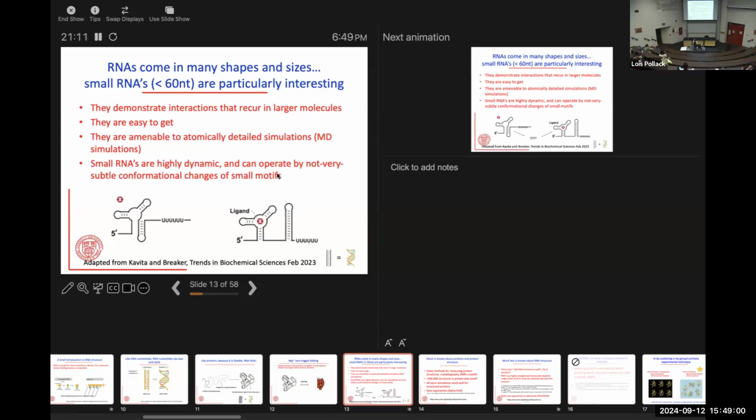And here's an example. So here's a kind of a schematic of how a small RNA motif works over here. This is a sensing element. So again, here, this region that looks like a ladder is just another way of showing this duplex, right? I know there's lots of different ways of showing that, but the job of this molecule over here is to bind this small ligand into a pocket.